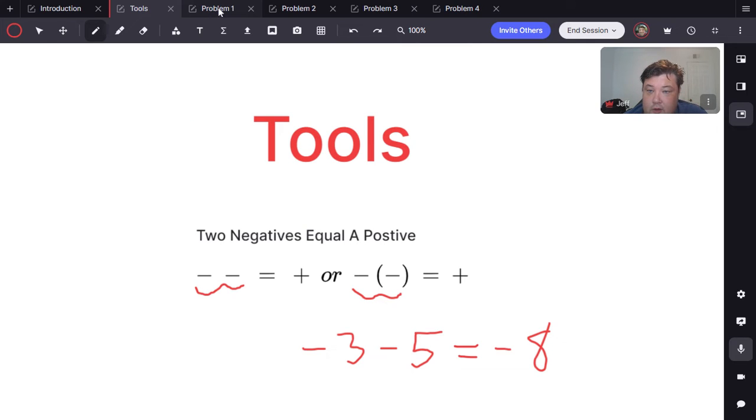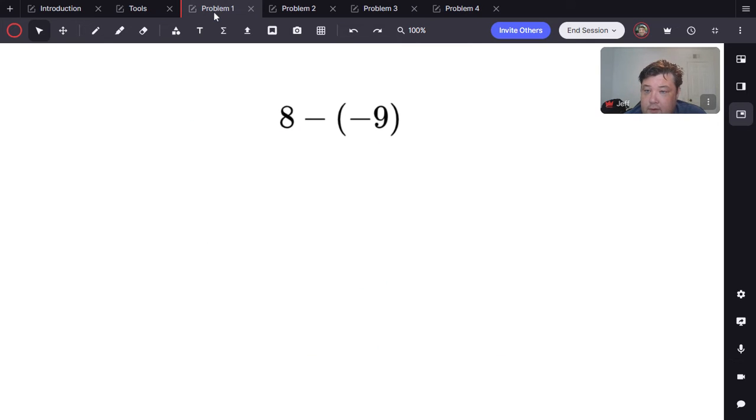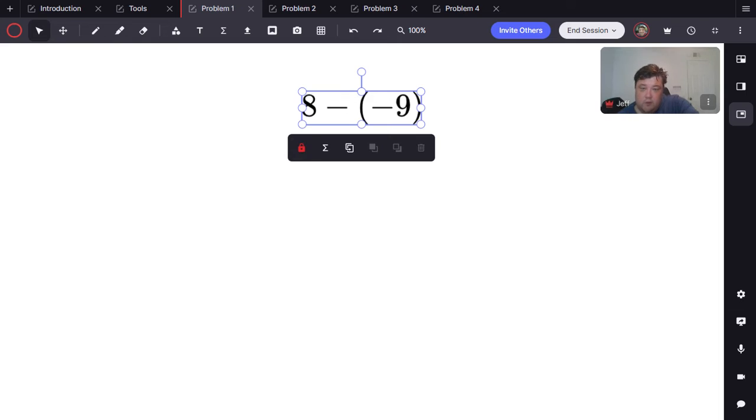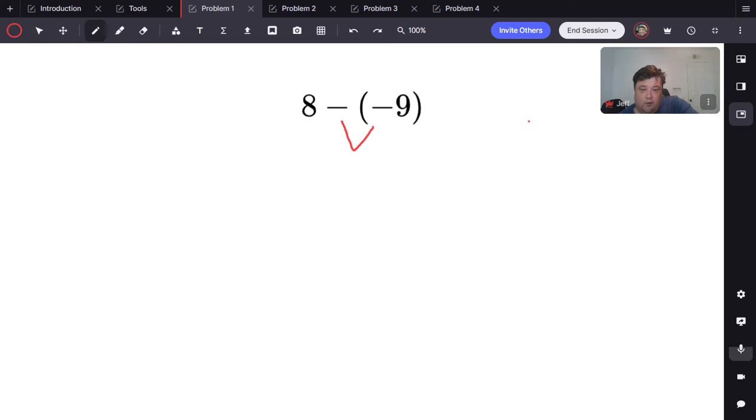All right, so problem one. We've got 8 minus -9. This is one of the scenarios where we have two negatives right next to each other. The only thing separating them is one little parentheses. So what we're going to do is turn that into a positive.